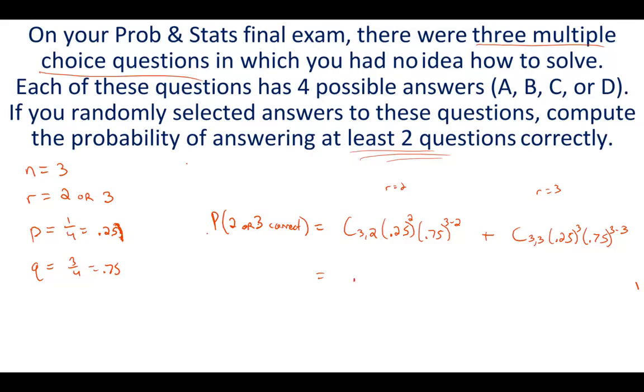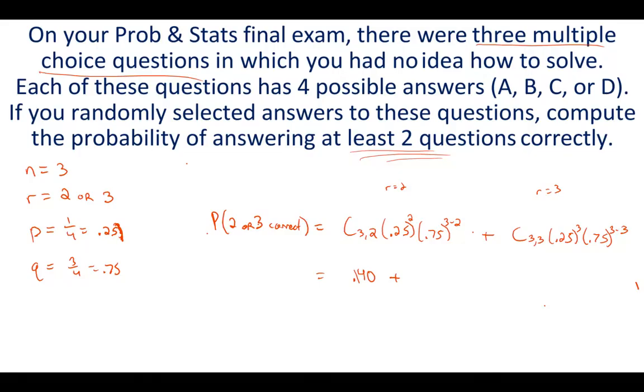And that is 0.140, plus the next one is just going to be 3 nCr 3, which is just 1, times 0.25 to the third power times 0.75 to the 0 power. Anything raised to the 0 power is just going to be 1 as a whole, so I'll put it.